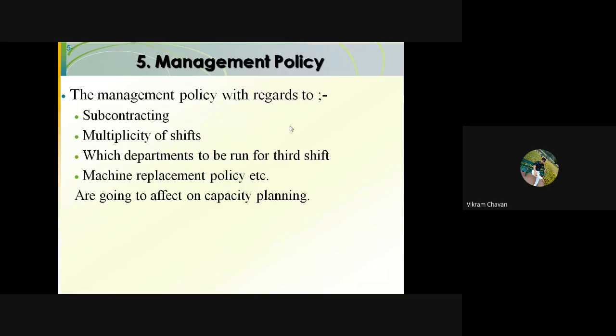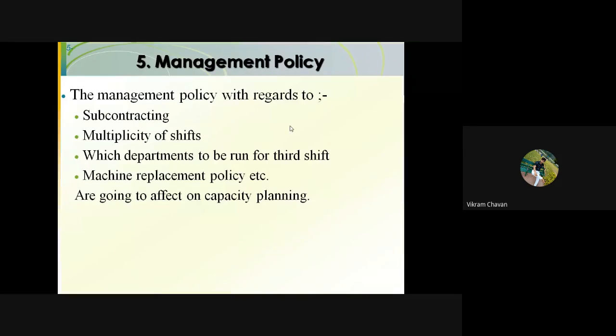According to the technology, they switch to new types of machines. These policies of the companies affect the capacity of that particular production system, or that particular firm.